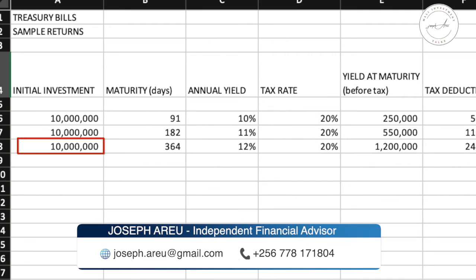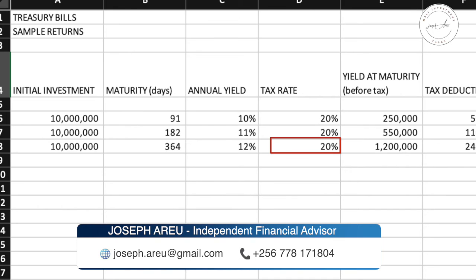Finally, suppose you invest the same 10 million, but this time for 364 days or 12 months. The yield again is likely to be slightly higher. So suppose it's 12%. The tax rate will be the same.